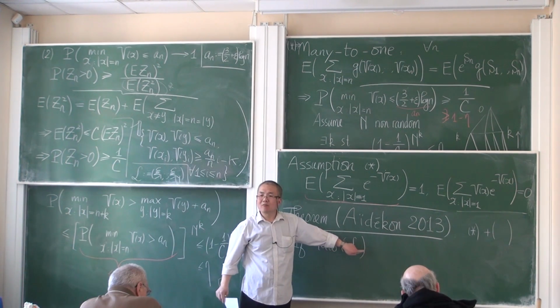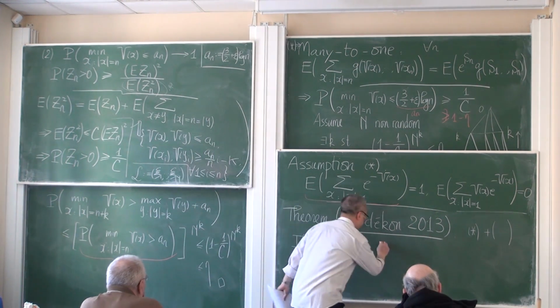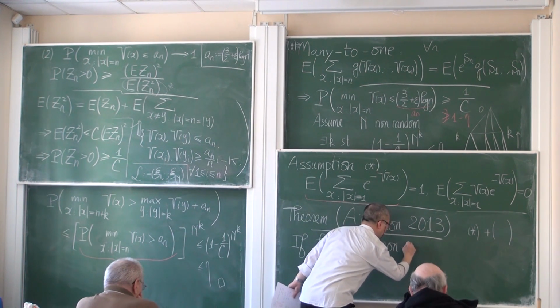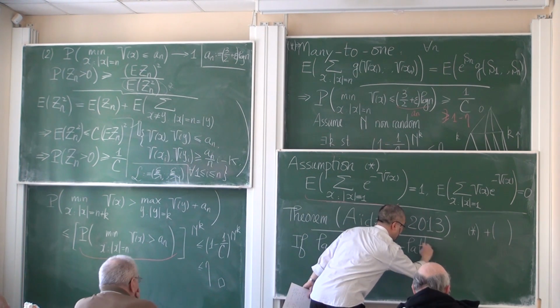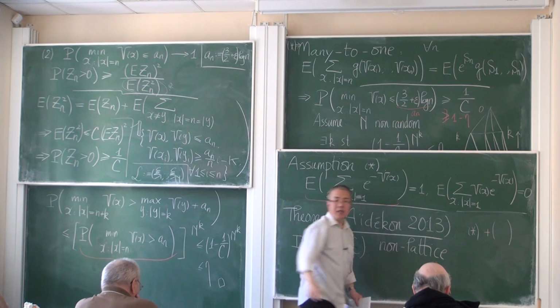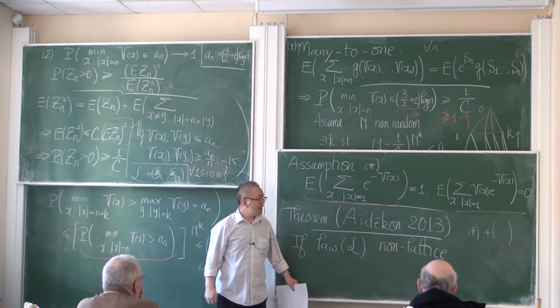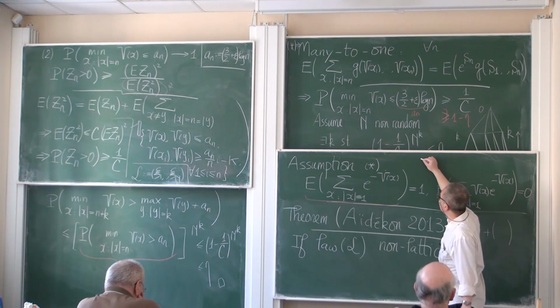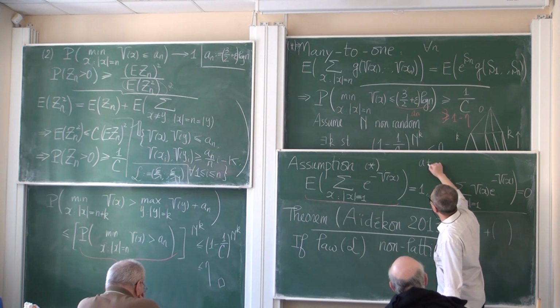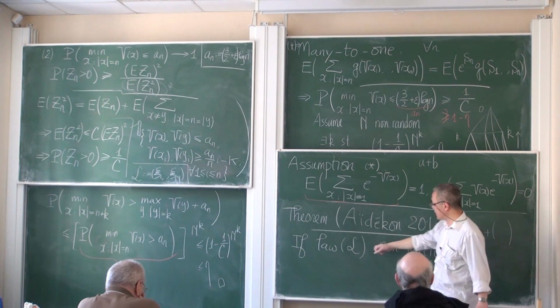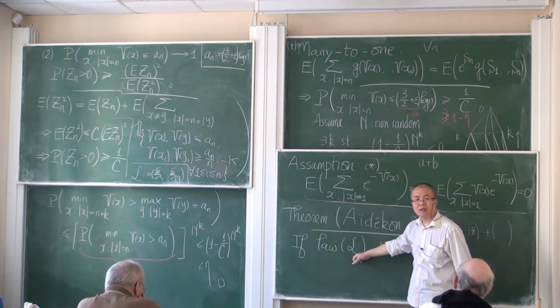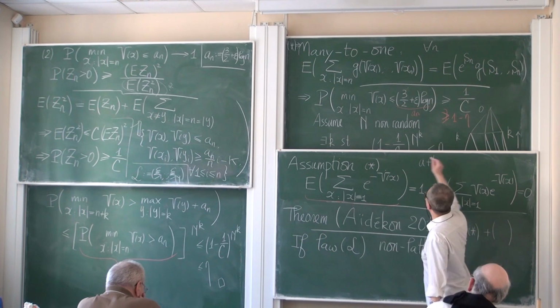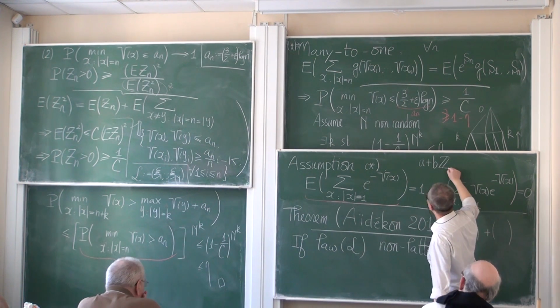If the law of this random vector is non-lattice, it means that you cannot find any pair of real values A and B such that all the components of the random vector take values in A plus BZ.